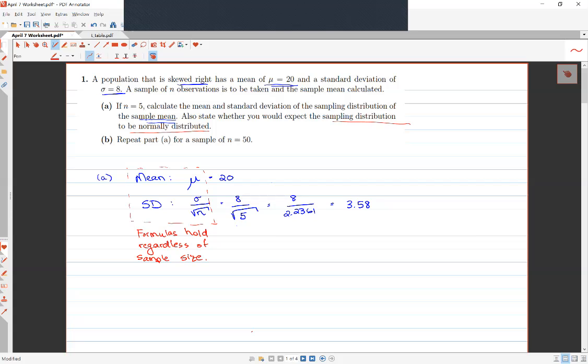So there are two conditions under which the sampling distribution will be normal or close to normal. The first one is if your population was already close to normal. The second one is if your sample size is large. So would we expect that to hold here? No, we would not expect normality.